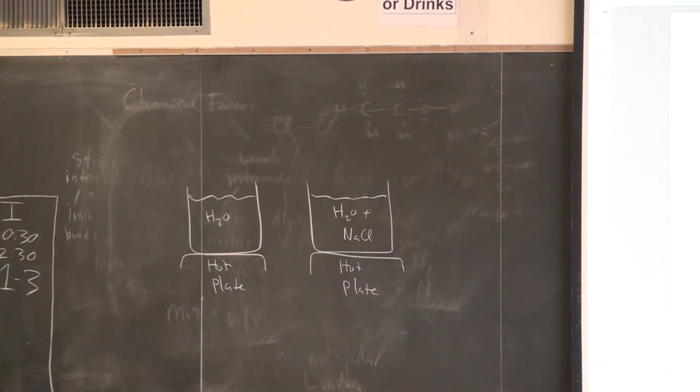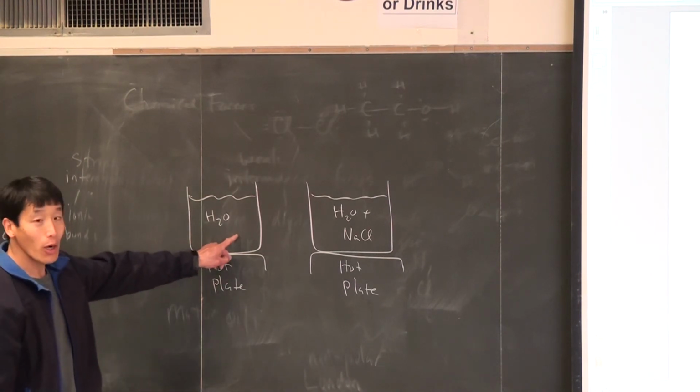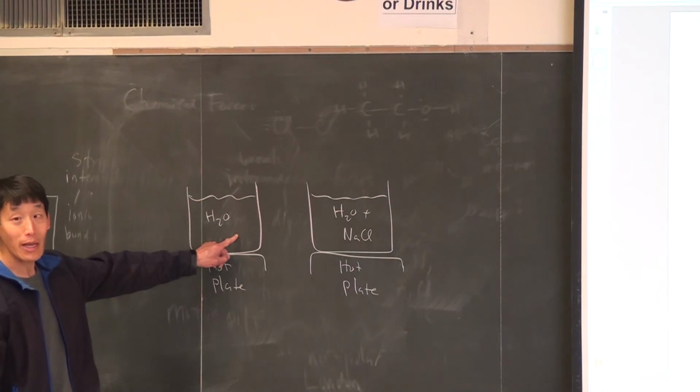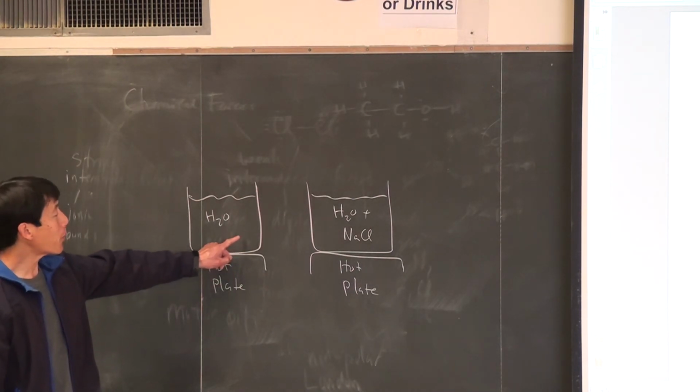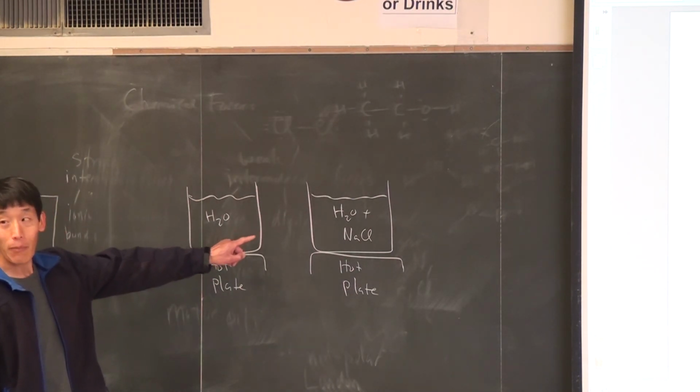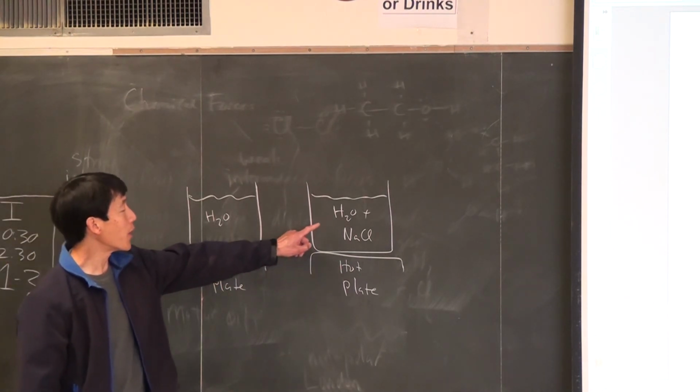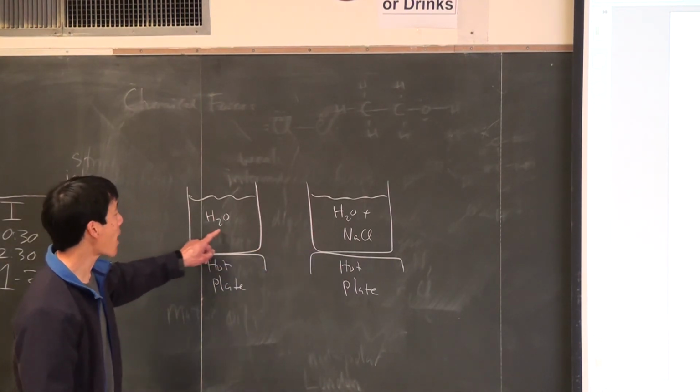So for part B, makes the water boil faster. Again, you have the same amount of liquid in each pot. Making it boil faster means the initial temperature is the same, and you apply the same amount of heat to start heating up the water, and this one will start boiling faster than that one.